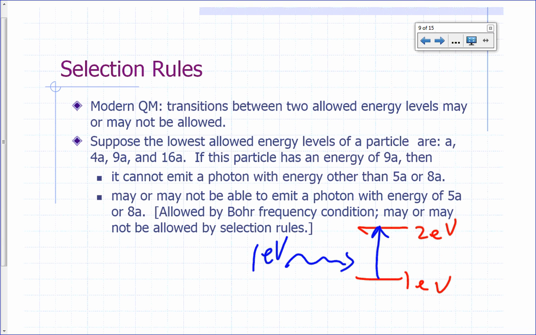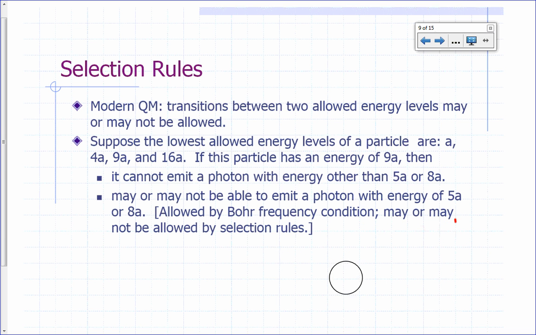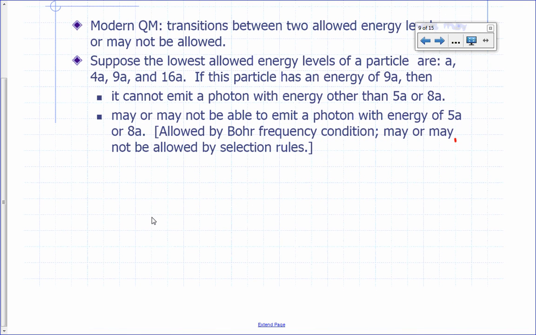Okay? So let's look at this example that I have here. Let's say the allowed levels of a particle are A, and let's make up an energy scale here. So this is 0. The first allowed level is A, and then the next allowed level is 4A. So A, 2A, 3A, 4A. Then the next allowed level is 9A.